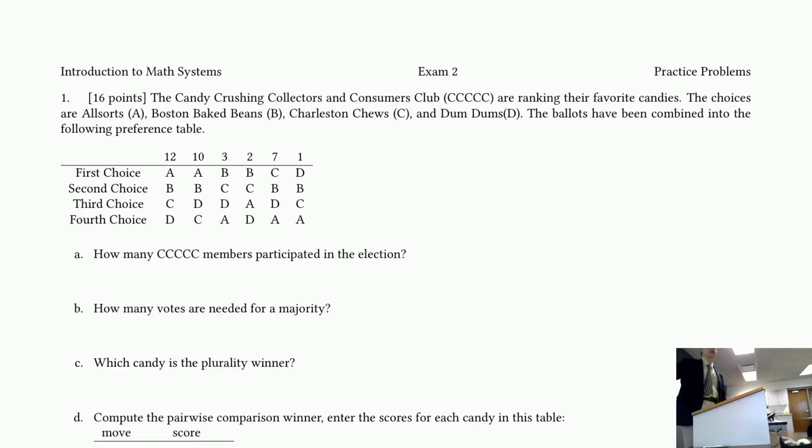Okay, it's going to take a sec to find this. Test 2, old exam problems. There we go. I just wanted a blank one so that we could look at this.